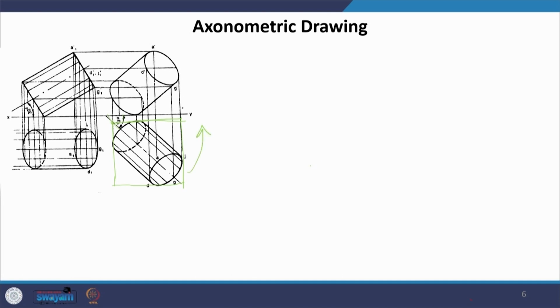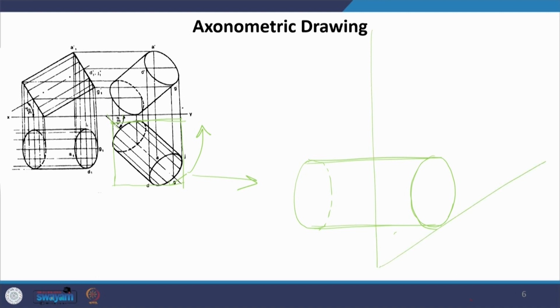So, what we will see here is as if the orthographic view of a cylinder which is inclined to HP and parallel to VP. This is what we are going to be seeing. So, the same object I have inclined and I have drawn here, but remember that our axis is this. You do not have to forget that.